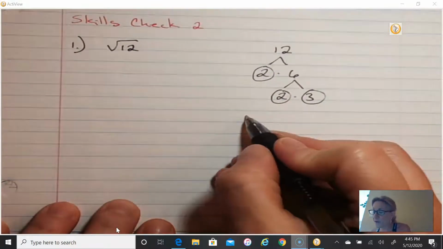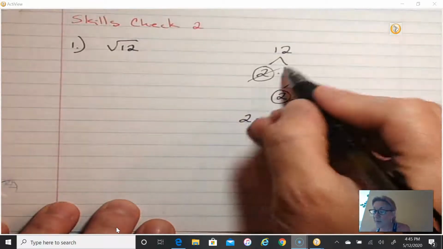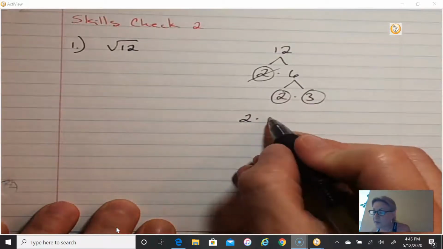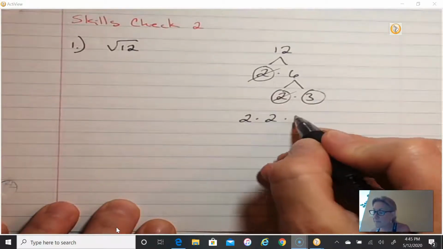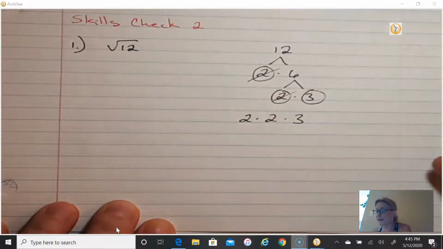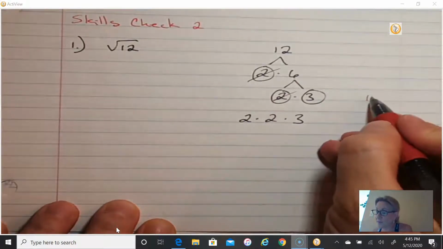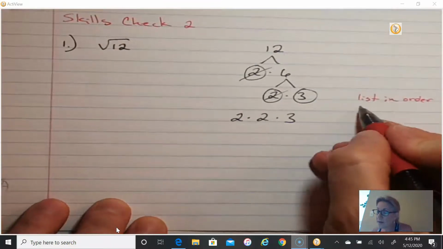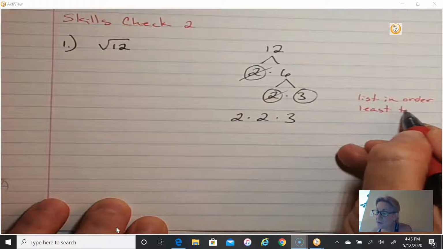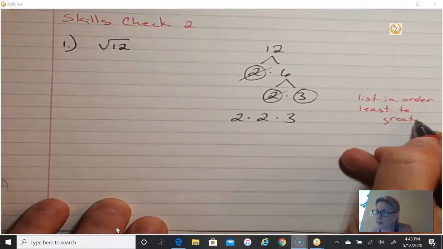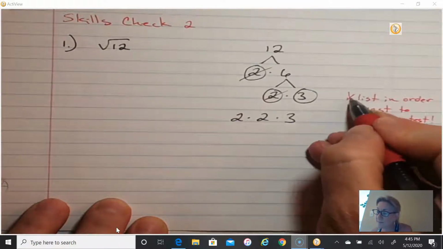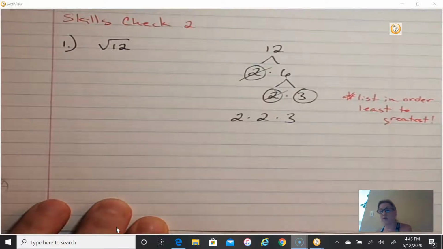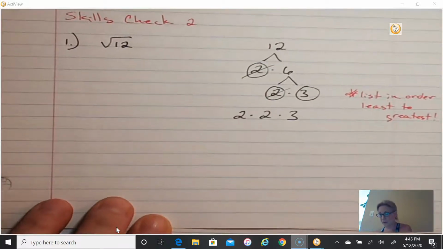Now we list our prime numbers. And remember, we cross them out so we don't get confused. Don't forget, list in order, least to greatest. Do not forget that. I know y'all have already done this before, just so you know.